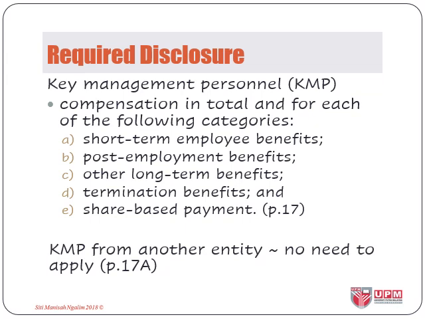For key management personnel, henceforth KMP, their compensations must be disclosed in terms of the listed categories here. But if the KMP is actually assigned by another entity, perhaps the parent company, the disclosure here is not required.